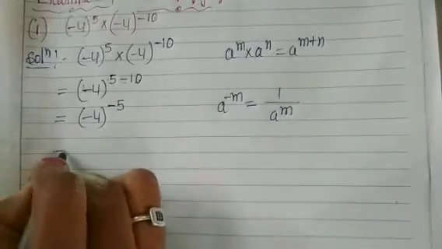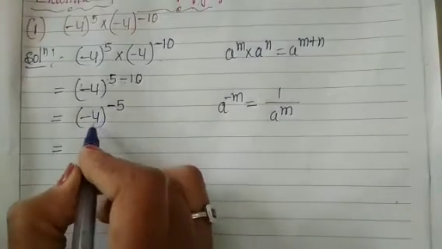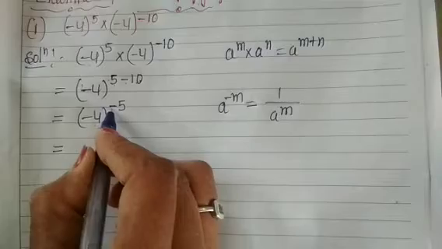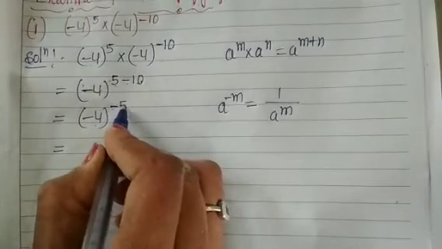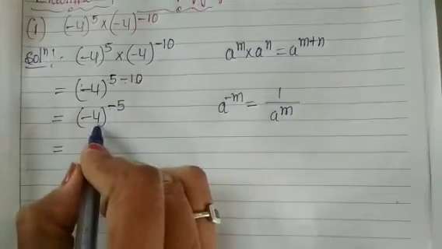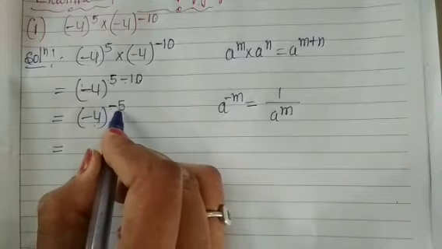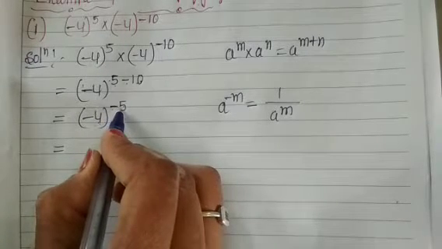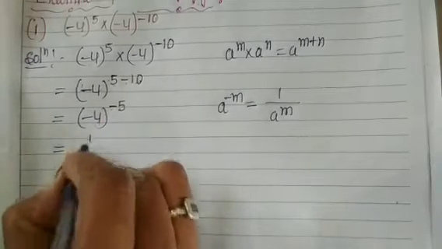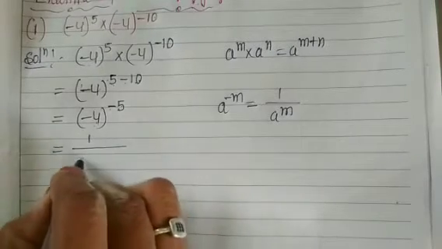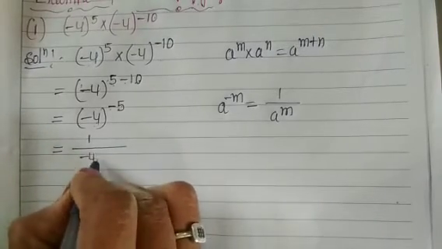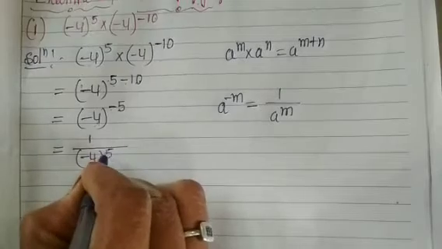We can write this is the inverse process. A to the power minus m is equal to 1 by a to the power m, means 4 to the power 5. So we can write as 1 divided by (minus 4) whole to the power 5.